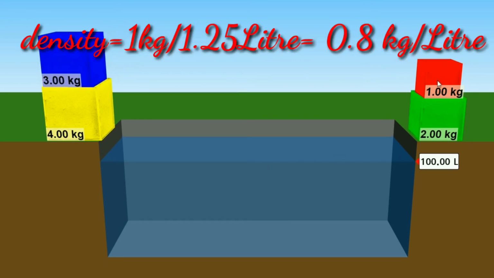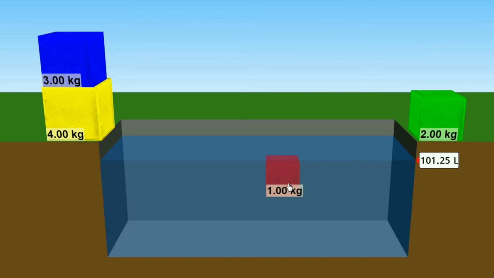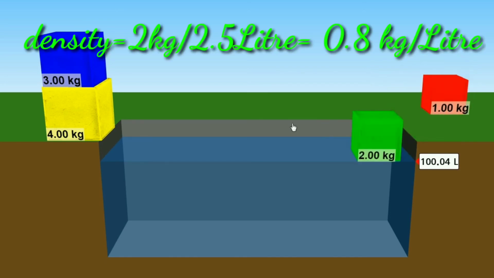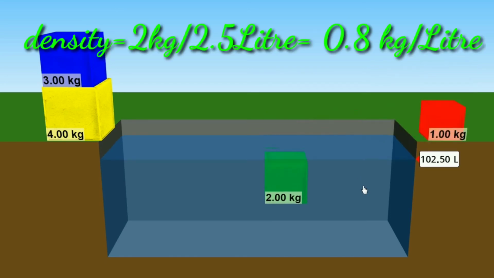Mass of this red block is 1 kg, but the volume of the red block is 1.25 liters. So the density of this red block is 0.8 kg per liter. Mass of this green block is 2 kg and the volume of the green block is 2.5 liters. So the density of this green block is 0.8 kg per liter.